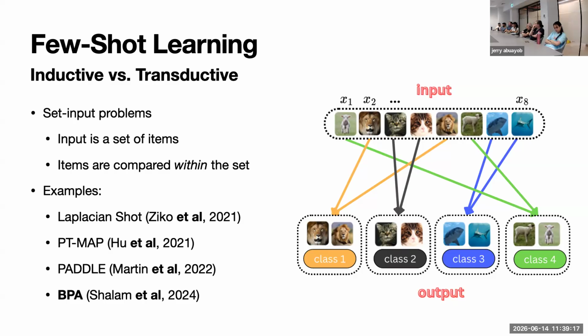But if we apply one of the algorithms written down over there, like Laplacian shot, MAP or BPA, which I'm about to explain now, we have to union the 2 subsets together, the support and the queries, and we model the entire set together, and we change the representation based on the entire set. The features are compared one to another, both support and queries.